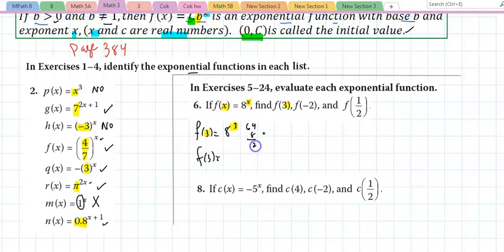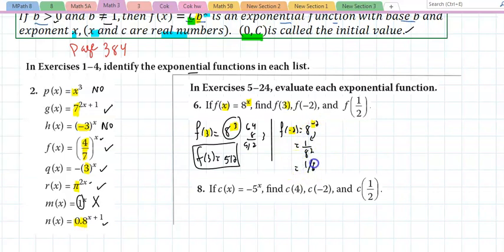What is that? 512. If the number is too big, you could leave it as 8 to the third, I don't mind. f of negative 2 means you're going to take negative 2 and put it in the power. The base is not going to change. And what do you know about negative powers? They always move. So this is 1 over 64.